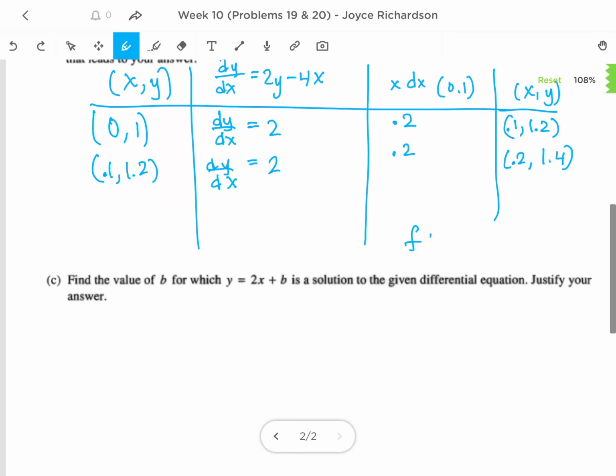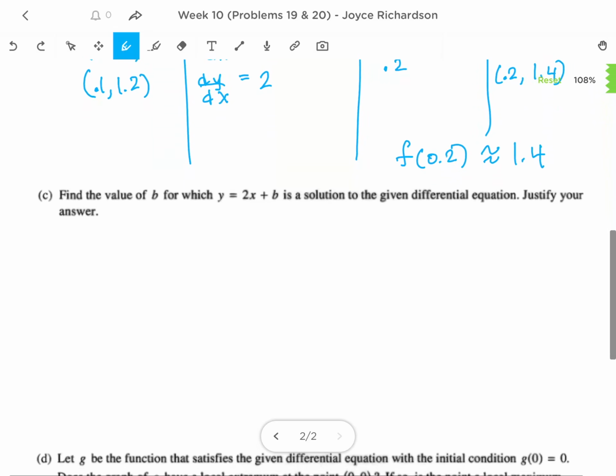And again, my approximation f of 0.2 is approximately 1.4. Okay, done with that one.